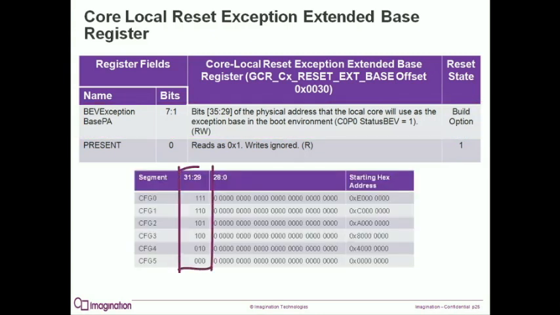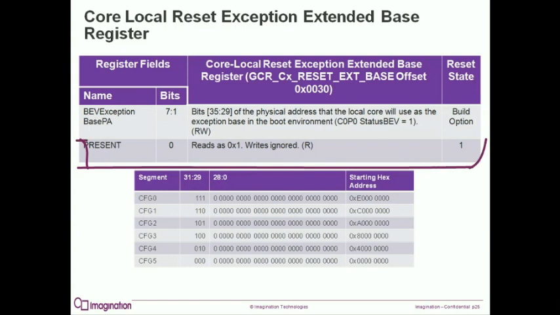Having control of the top 3 bits allows the physical address of the boot exception vector to be placed in any segment. This address and the boot exception base mask then determine where the overlay will be in memory, as shown in the previous slide.